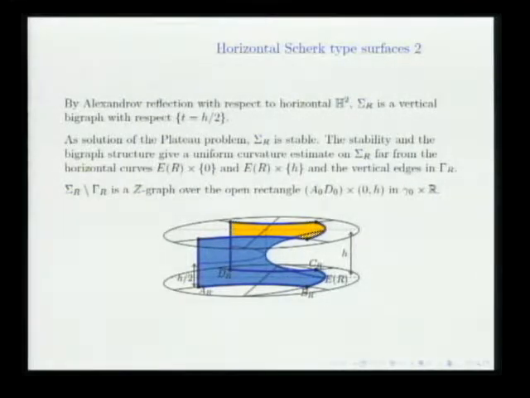Okay. So what I'm saying here is that when r goes to infinity, one can control the limit because of stability. You have curvature estimates, you have unique solutions, so when you vary the plateau boundary continuously, the solution varies continuously, and you can manage to show there's a limit.